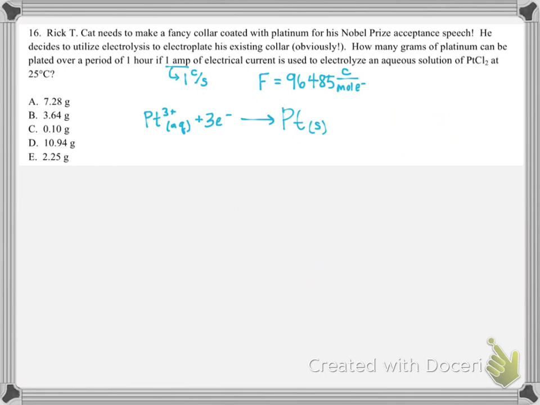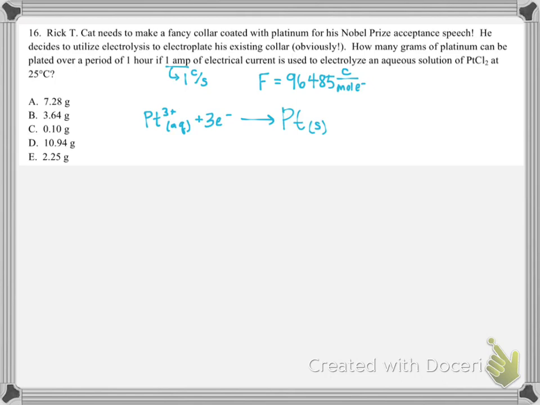Okay, so our good friend Rick wants to make a platinum coated collar, and he's going to do the electrolysis to plate that platinum out. And so he wants to figure out how much platinum he could plate out if he used 1 amp of current for 1 hour. Okay, so whenever I see an amp, I automatically change that into coulomb per second.